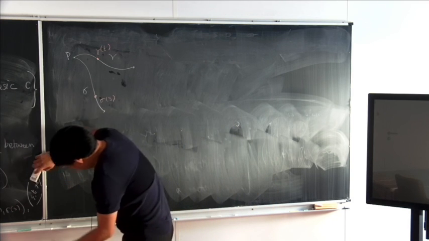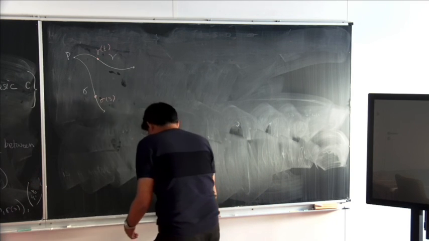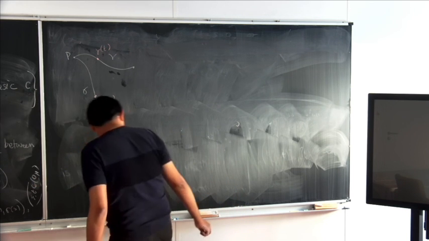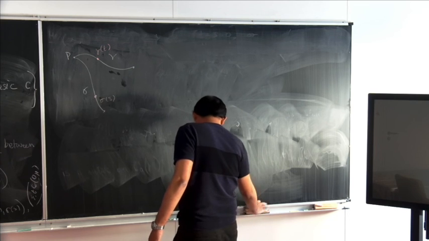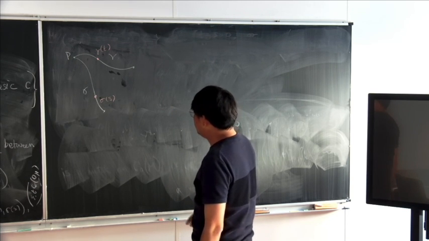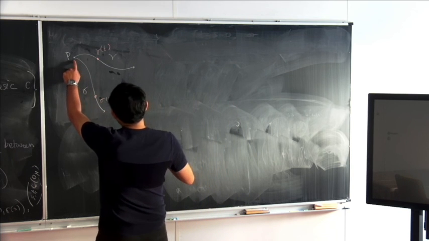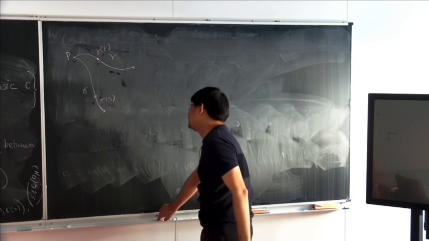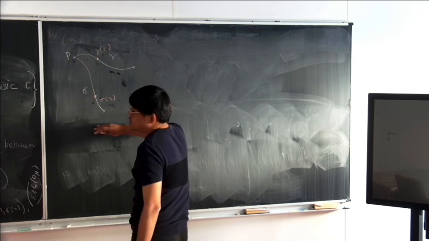Sorry, I did not write this correctly. Okay, so we have the point P, we have the point gamma T, and we have the point sigma S. And then this is a CAT(0) space, okay?